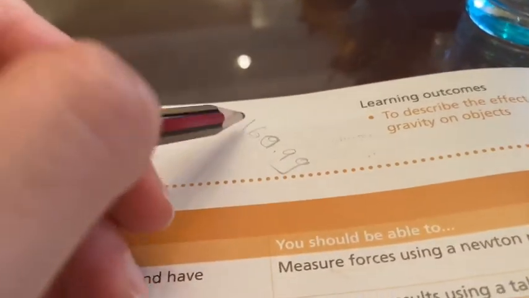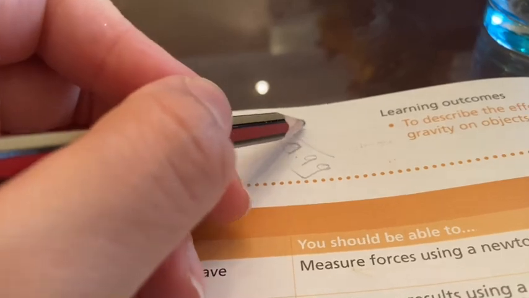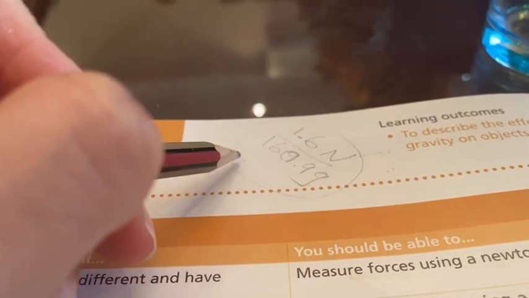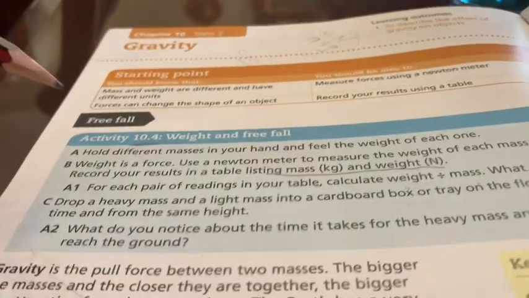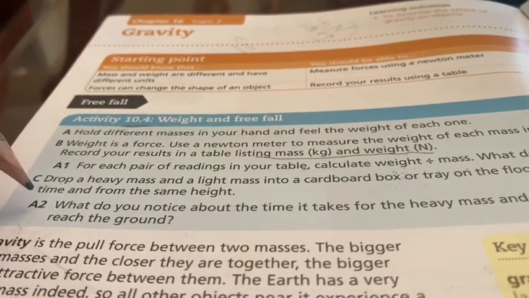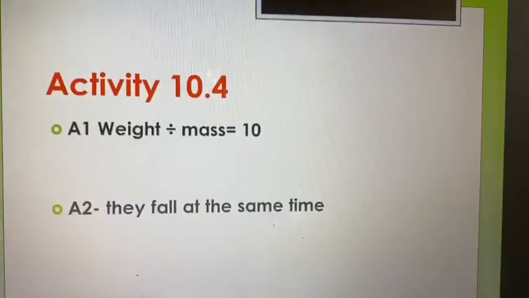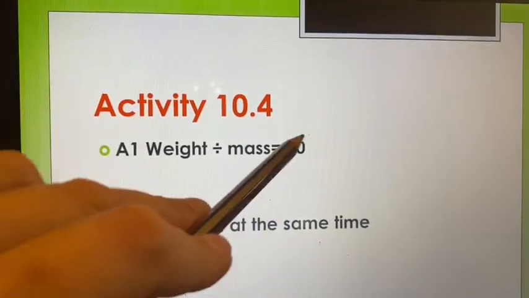The mass is 160.9 and the weight is 1.6 Newton. If you divide them over each other, the answer should be around 10. Okay, now what is 10? We will learn it together. We will answer A1 and A2. The weight over mass, always around 10.